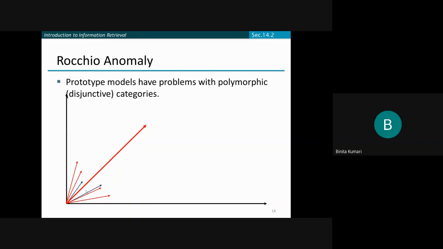For red class, this is the centroid. For blue class, this one is the centroid. The two centroids are very close to each other. Centroids themselves are close to each other. Now this is my test data, a new document.